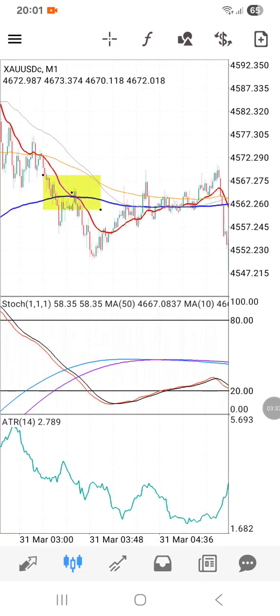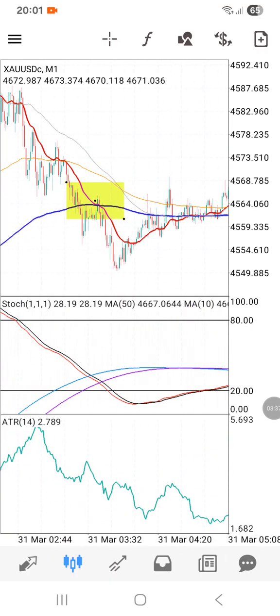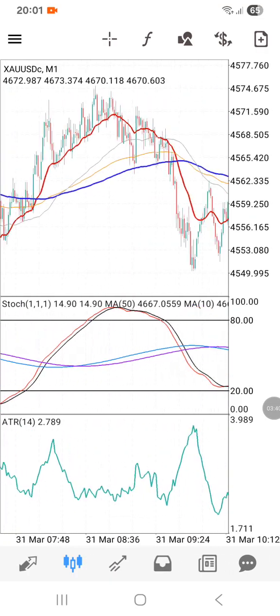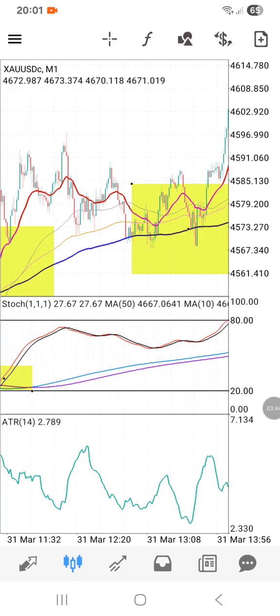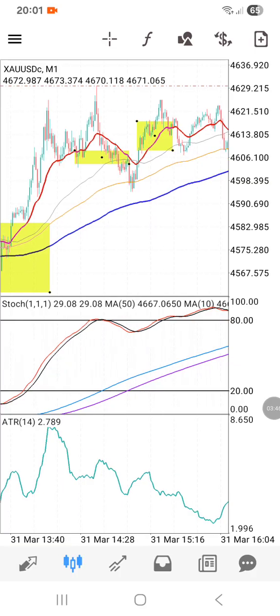But if it retests and enters the range again, like what you have on the screen, you have to pause. And then until you have a proper retest like what we have here, then you can start to look for your bullish trade entry to buy.